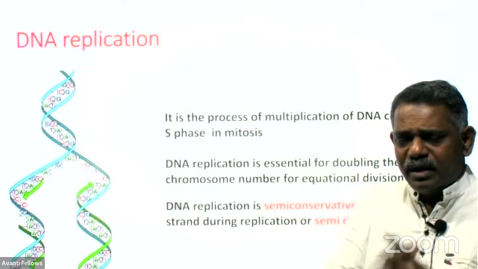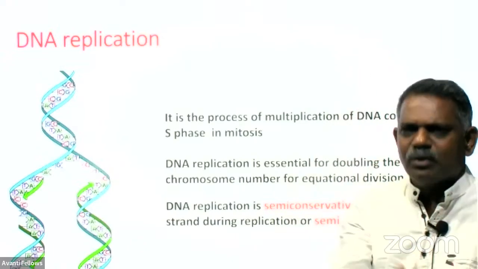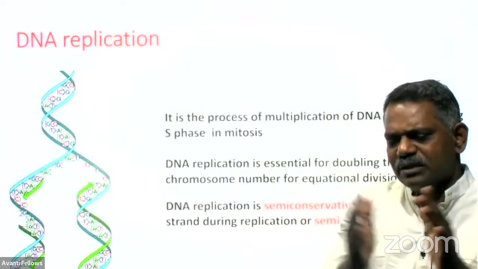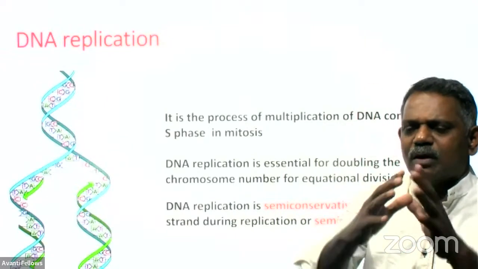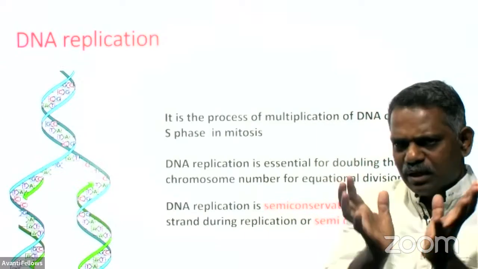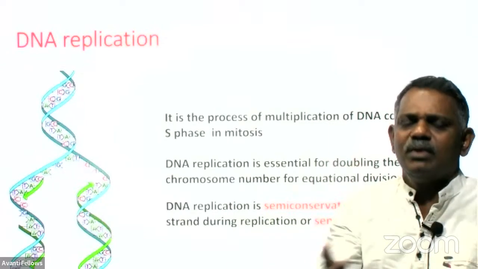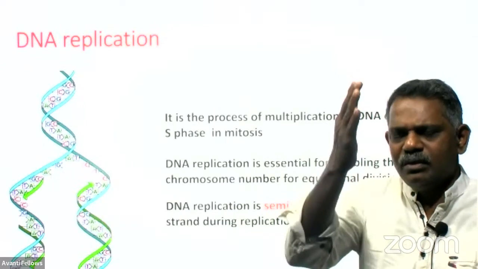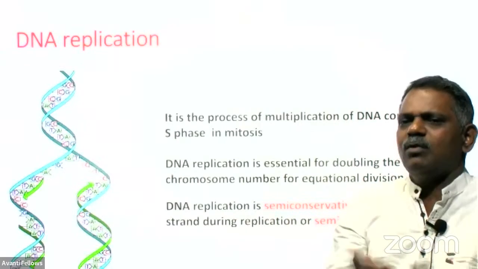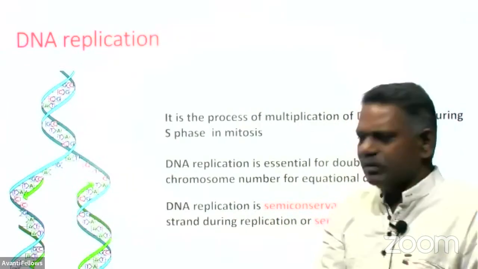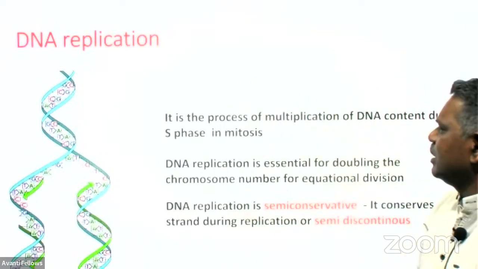And whenever this cell undergoes mitotic division, before the cytoplasmic division or nuclear division, the total content of the DNA present in the nucleus will multiply, or the chromosome number will multiply. Then only can the nucleus go for division and produce two equal nuclei. Right. That process is what we call DNA replication.